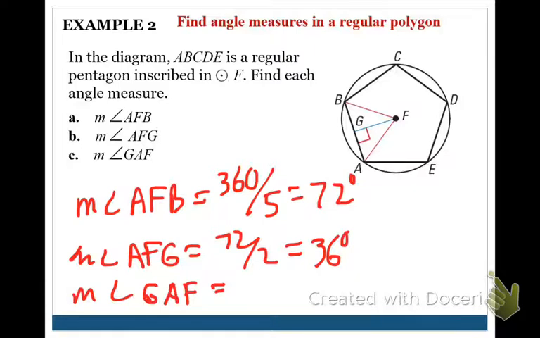So we divide by 2. So we've got GAF is 180, because the triangle is 180. GAF is 180 minus 72, we put that in parentheses, and we divide it by 2. So that's going to be 108 divided by 2, which is what? What's 108 divided by 2? 54. 54 degrees.